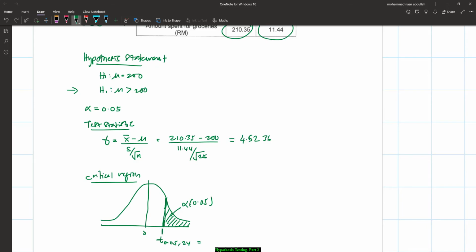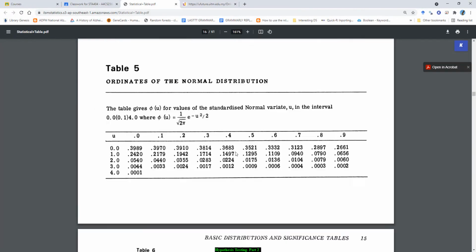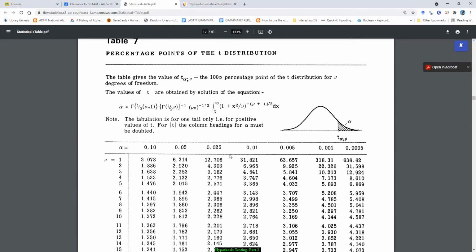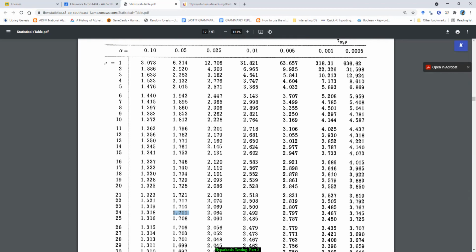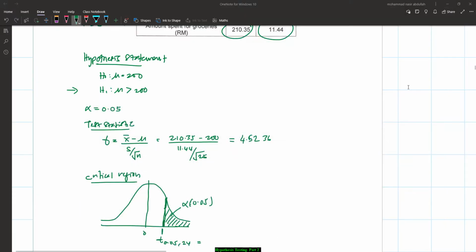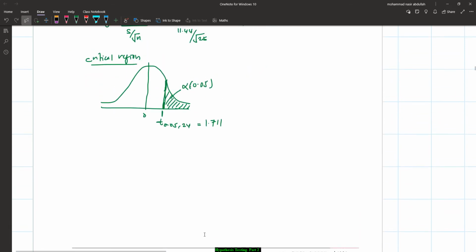So we look at the statistical table, table number 7. Alpha 0.05, degrees of freedom 24, it should be 1.711. So we put here 1.711.